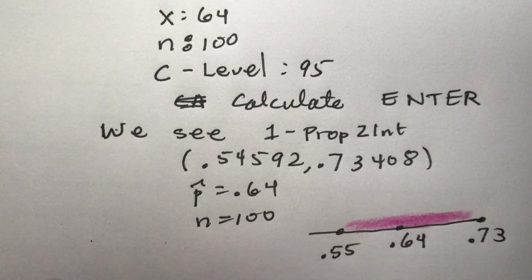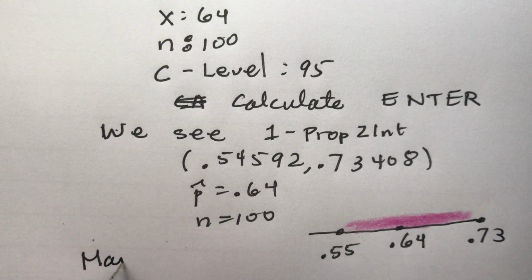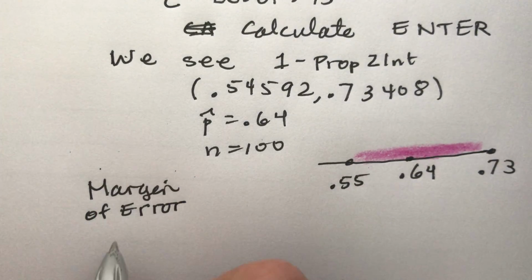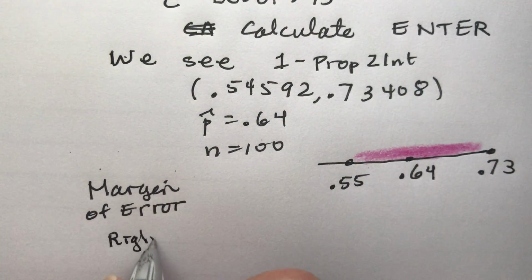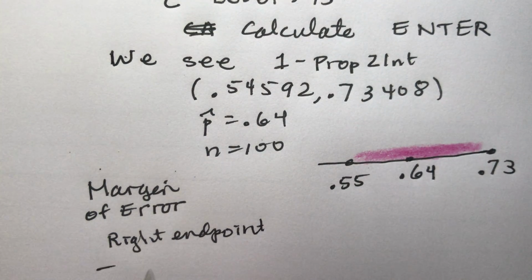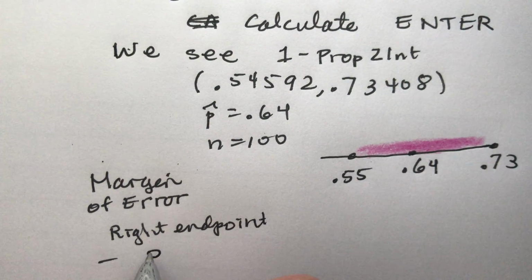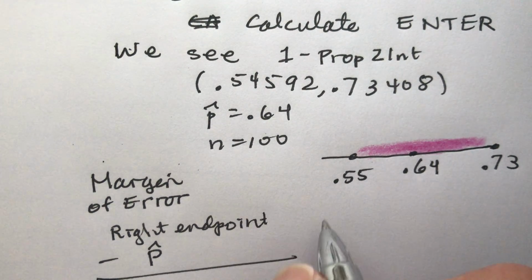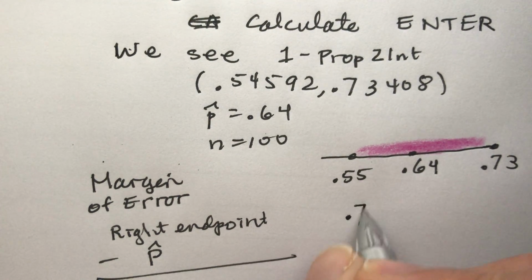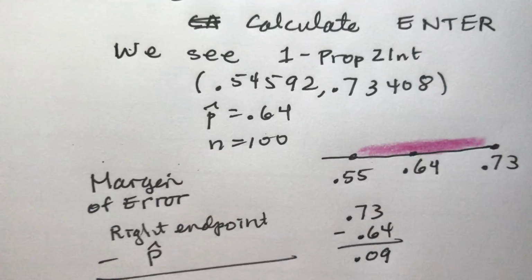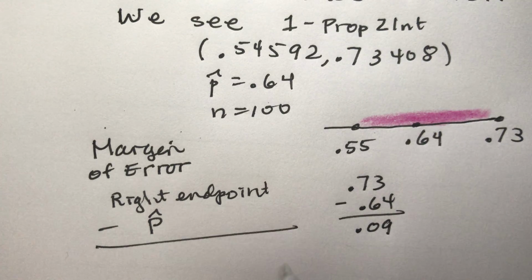So I'm also going to talk about the margin of error. The margin of error is found by taking the right endpoint from our confidence interval and subtracting p hat. So this is going to give us 0.73 minus 0.64, and that makes 0.09.